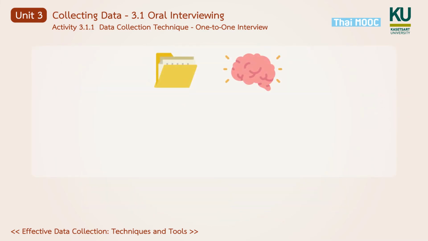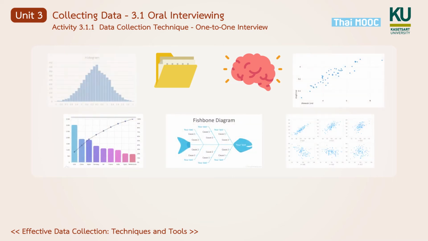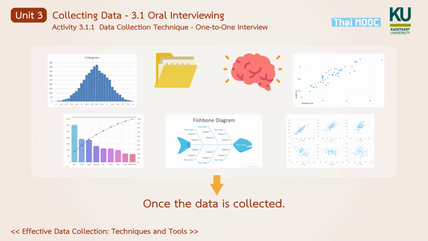We have various tools and techniques regarding how to read data and analyze it with the help of some basic tools like Pareto chart, fishbone diagram, scatter diagram, correlation and regression, histogram, and control chart. The power of these tools is effective only when the collection of data is effective.